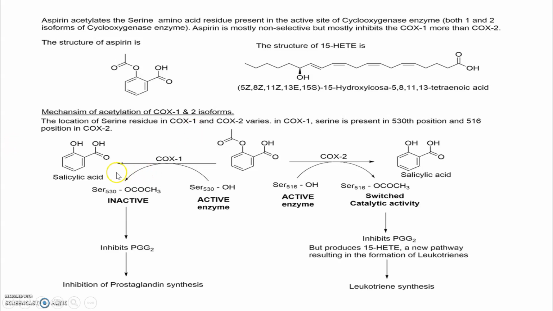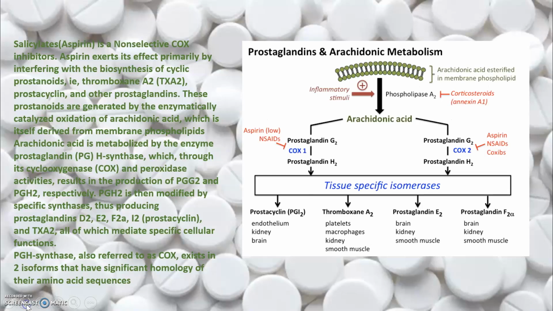So you have your salicylic acid, COX-1 going this way, inactive, which inhibits prostaglandin synthesis. And then over this way we have COX-2, which inhibits prostaglandin synthesis but actually produces the 15-HETE, which is a new pathway resulting in leukotriene synthesis. Aspirin is a non-selective COX inhibitor.